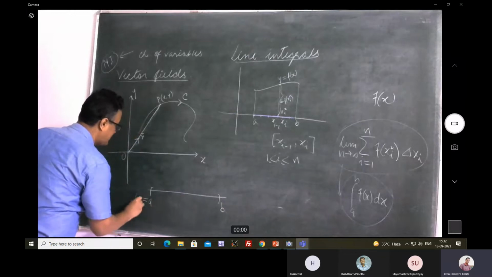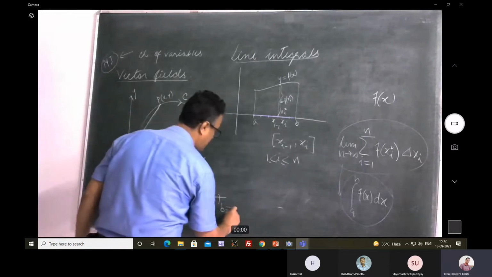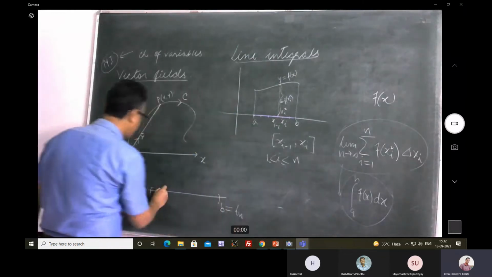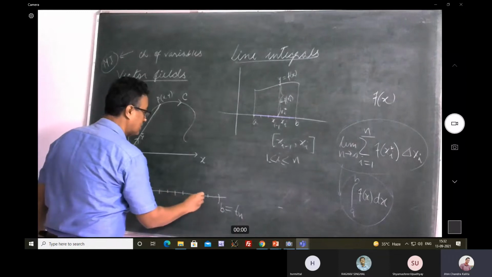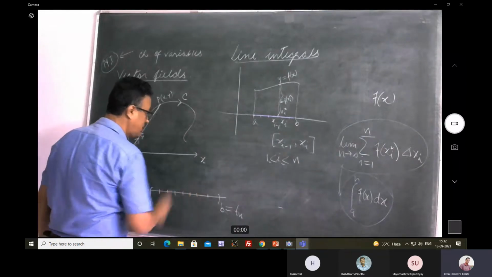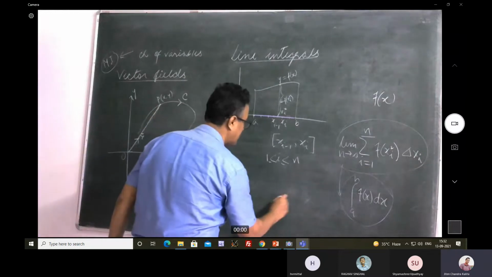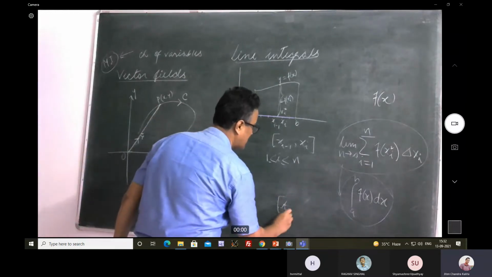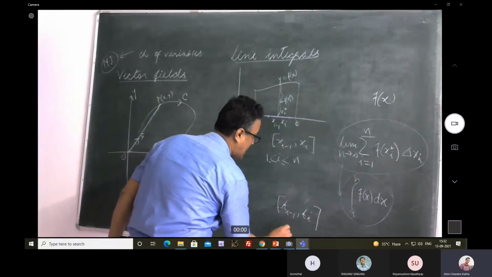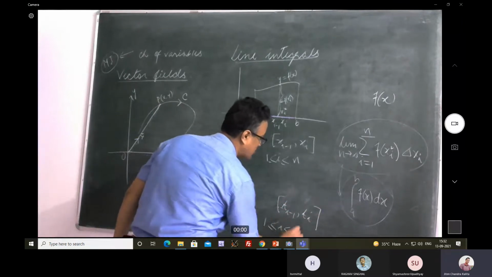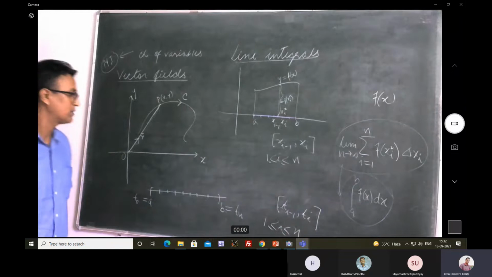Let me call a as t naught, and let me call b as t n, and I am going to divide it by these points into sub-intervals like t i minus 1, t i. Of course, i goes from 1 to n.